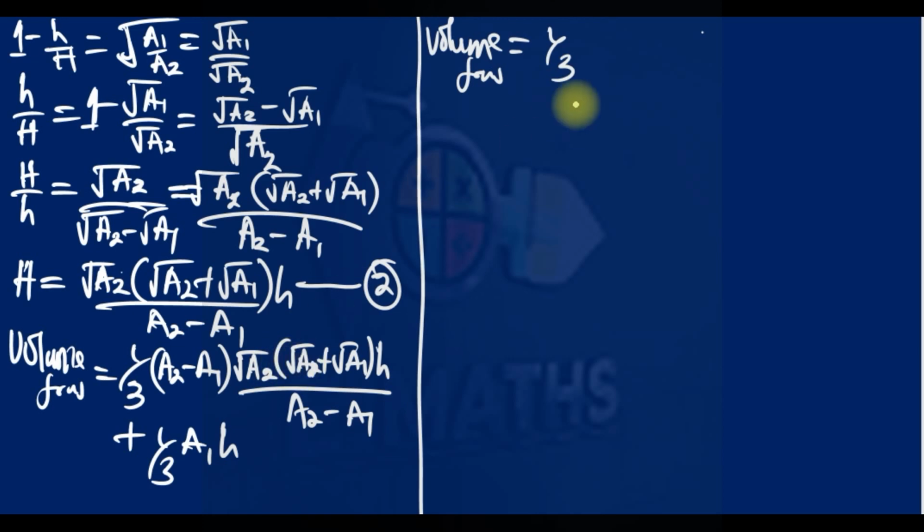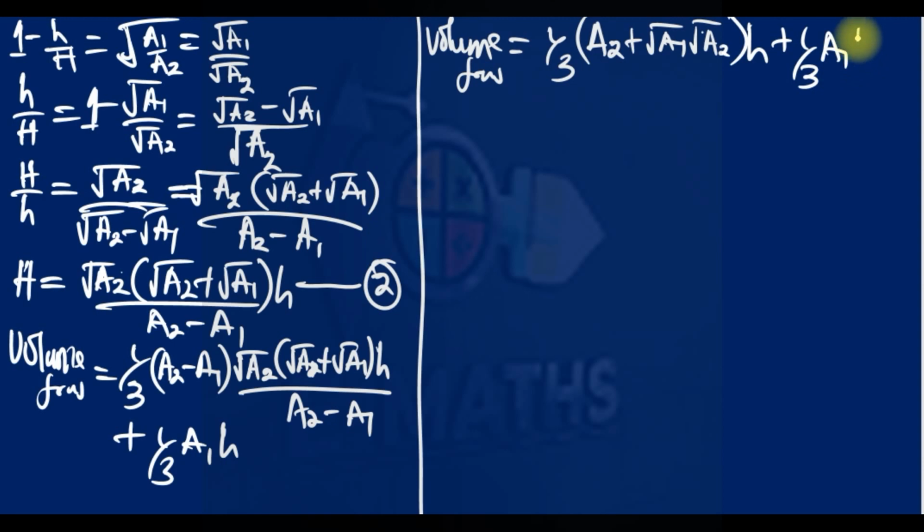This times this is a2 plus this times that, which is square root a1 square root a2, and finally times h, plus 1 over 3 a1 h.